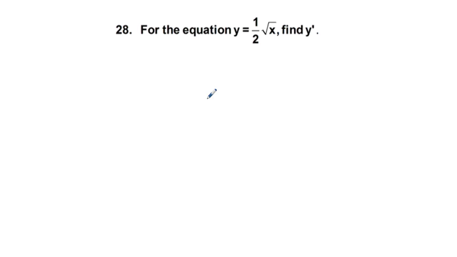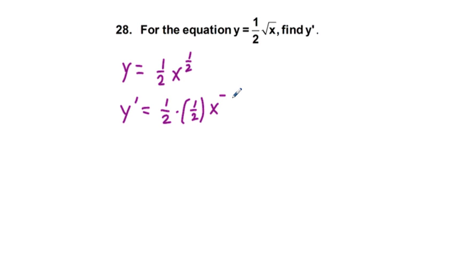Next, for the equation y equals 1/2 square root of x, find y prime. We're going to do a rewrite for this. So we'll rewrite this as y equals 1/2 x to the 1/2 power. So y prime is going to be equal to 1/2 out front, times this 1/2 already, times x to the negative 1/2 power. 1/2 minus 1 is negative 1/2.